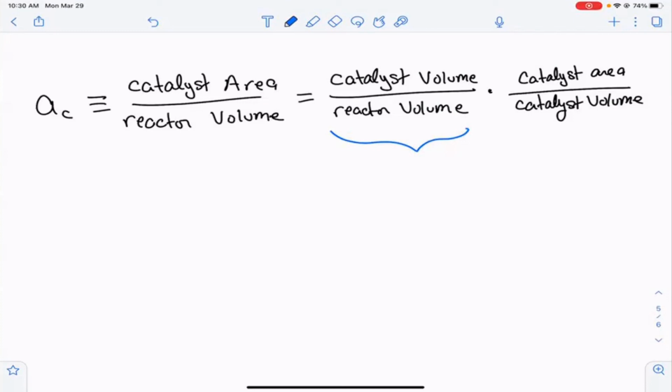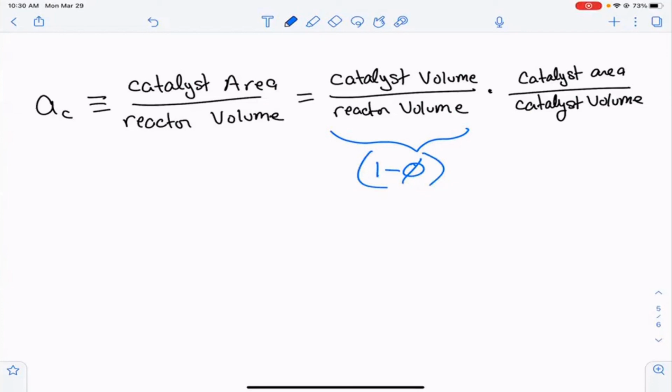And we often think about that as related to porosity, or it's actually 1 minus the porosity. So if you had no particles, right, it would all be open space. And if theta is related to the catalyst itself and how much space is actually there, well, the catalyst volume over the reactor volume is really just 1 minus the porosity, right? So there's 1 minus theta.